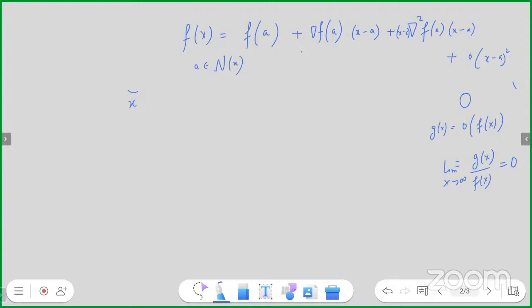Okay, so suppose I had this. What can I do? I want to go from f being convex to saying something about the Hessian.